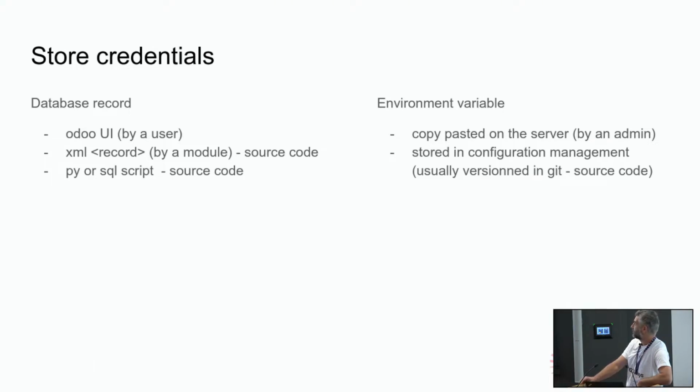You can also use environment variables or file configuration. It's the odoo.cfg. And then you usually need to put it directly on the server on the hosting platform. Or maybe you can store it in the source code, but then you have to secure it because you don't want to leave credentials in plain text in Git.